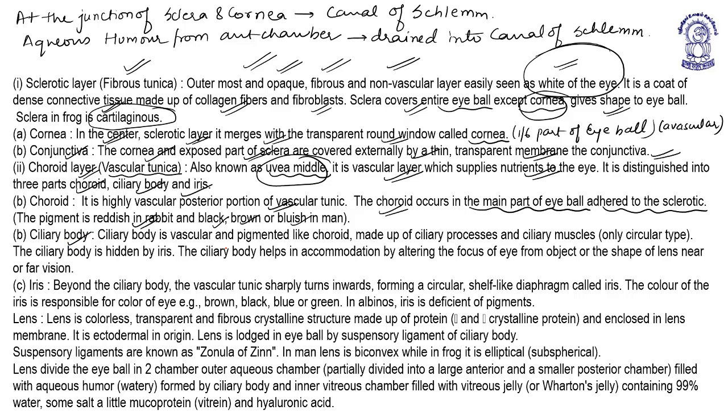Ciliary body. Ciliary body is vascular and pigmented like choroid, made up of ciliary process and ciliary muscles. The ciliary muscles are only circular type, no radial muscles.